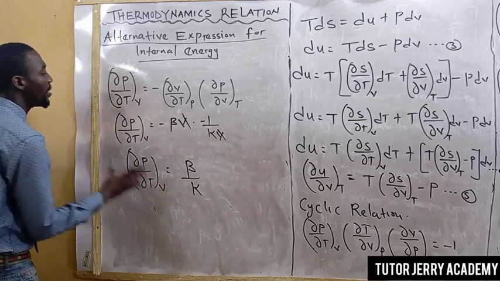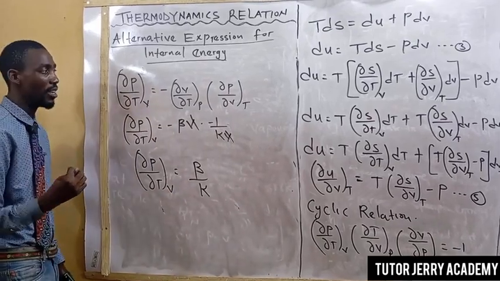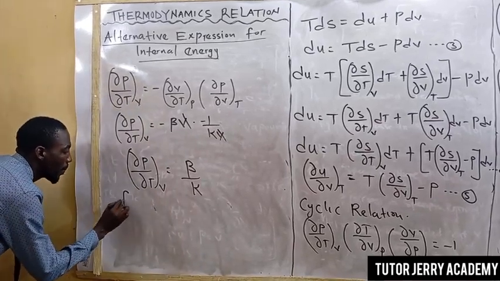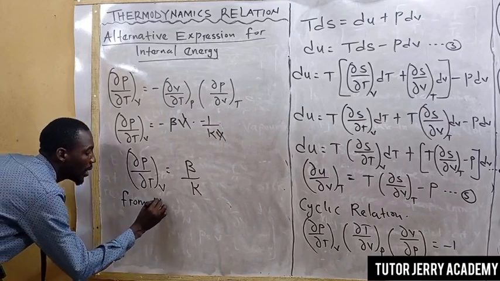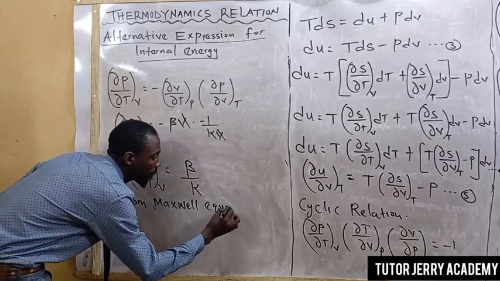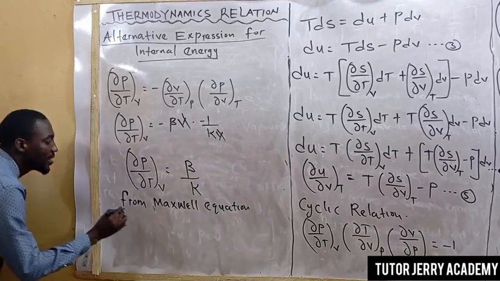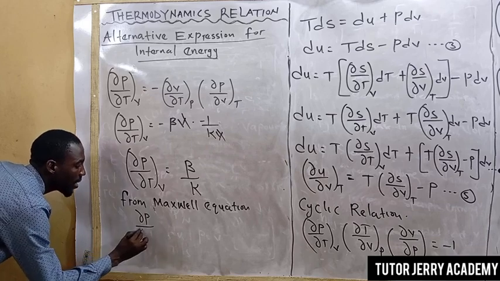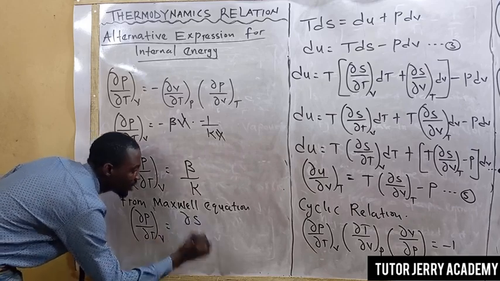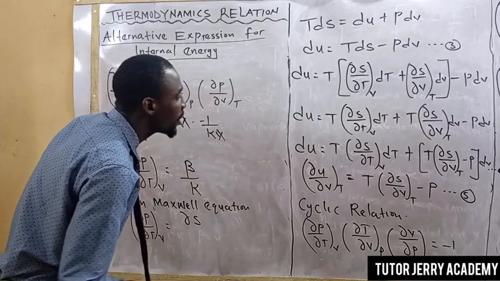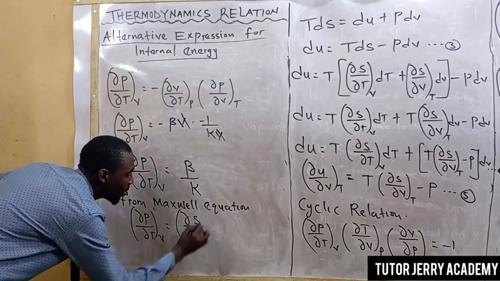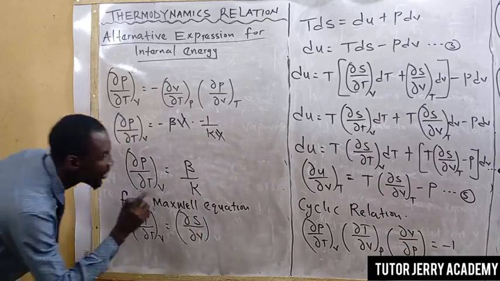All right. So now the next thing is this. You are going to note carefully that from Maxwell equation, the partial derivative of p all over the partial derivative of t, keeping v constant, is equals to the partial derivative of s all over the partial derivative of v, keeping t constant.